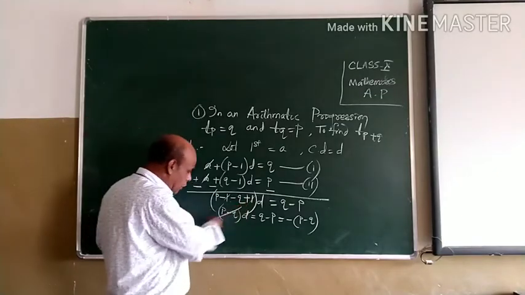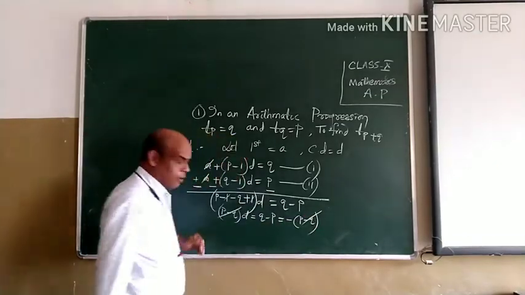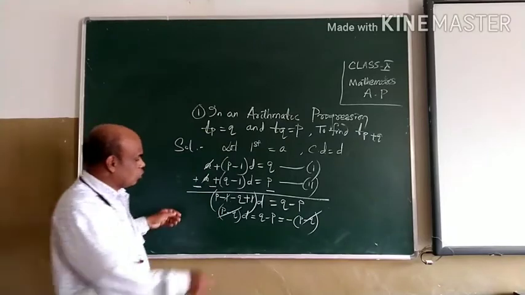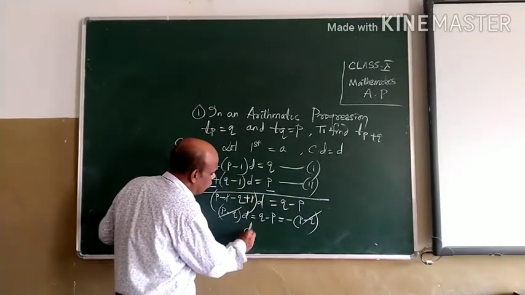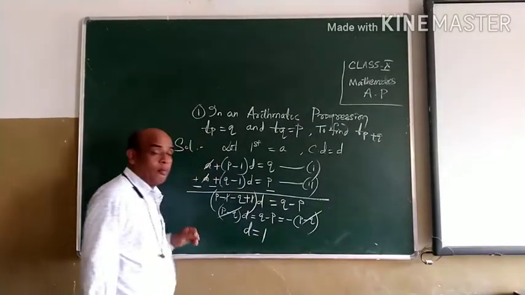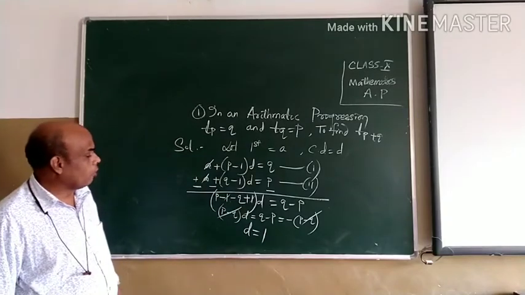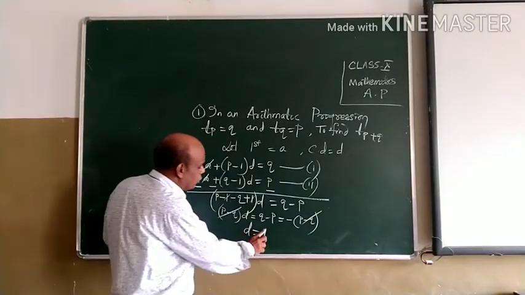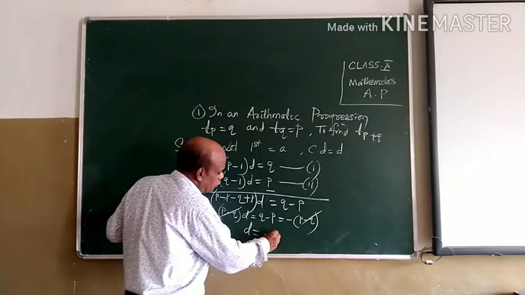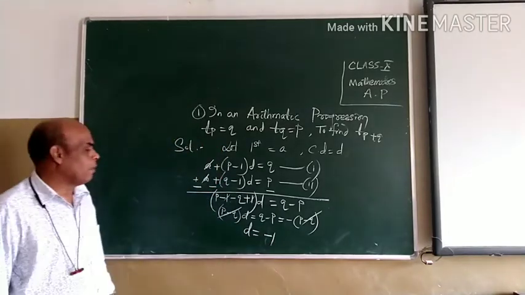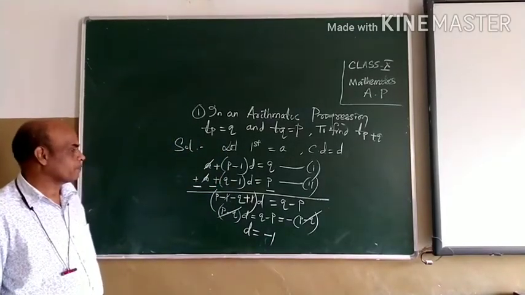Then (P minus Q) will be cancelled from both sides, so that you got small d, it means the common difference. The common difference is minus 1. You got the common difference is minus 1.